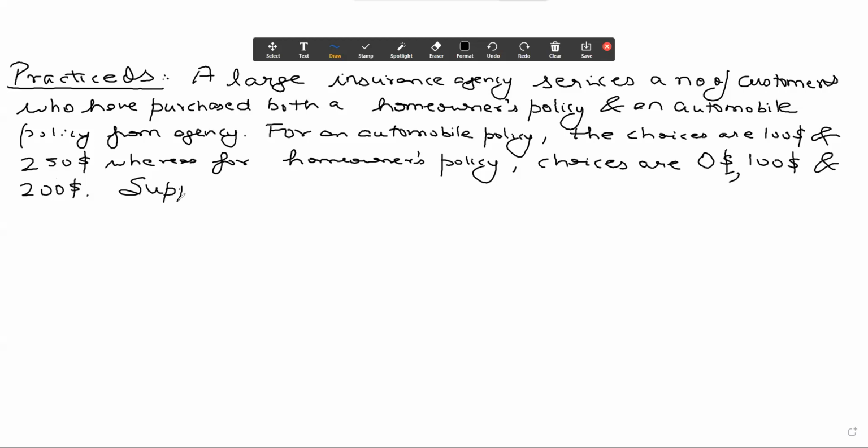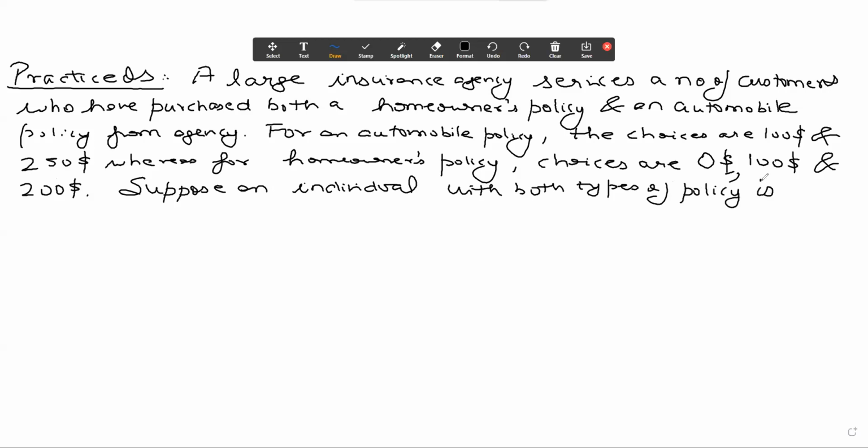Suppose an individual with both the types of policy is selected at random from the agency's files.